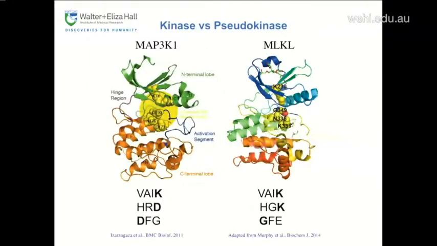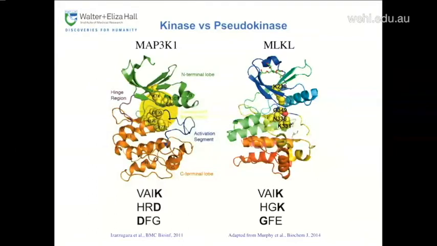The first thing I wanted to highlight is that although MLKL is a pseudokinase, if you look at it next to a canonical protein kinase like MAP3 kinase 1, you can see that it still has structural similarities. All the domains are in the right place, the N-terminal lobes.